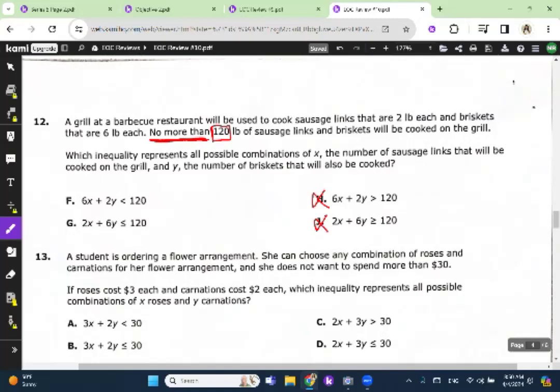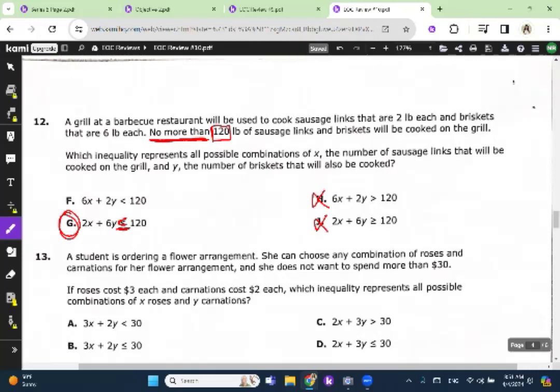Now, can it be equal to? If you get exactly 120 pounds of sausage or brisket, is that okay? Yeah. Say you go to the mall and your mom says you can't spend more than 120. Are you going to spend the exact 120? So less than or equal to works. There's your answer.